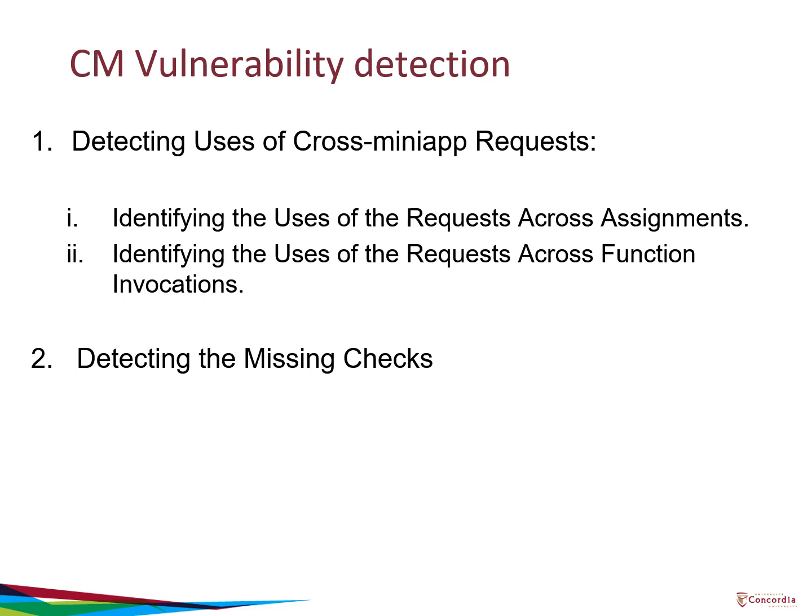It means the lack of application ID check. Therefore, the key idea for the CMRF scanner is first to detect whether there is the use of the cross Miniapp request, and if so, this scanner then further detects whether there are missing application ID checks.